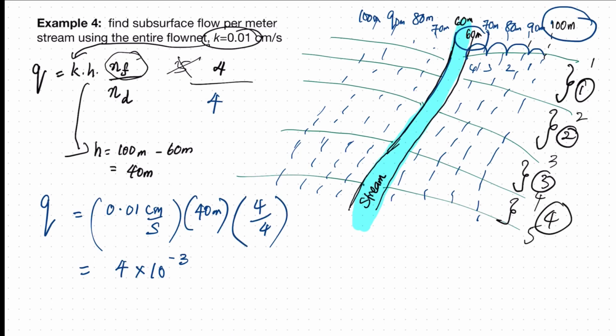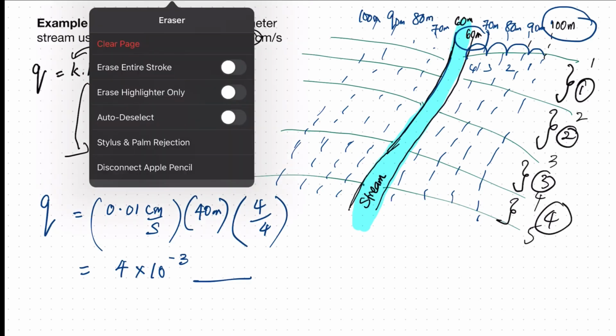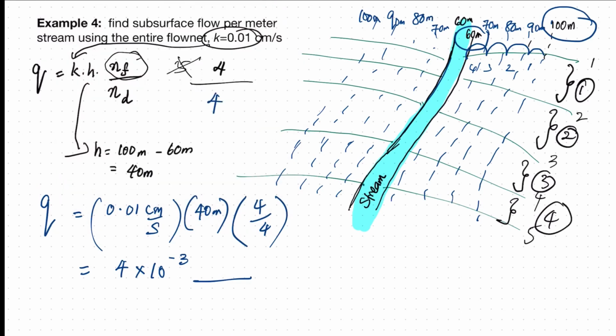That is, if you convert centimeters into meters, the unit is meter cubed per second per meter.